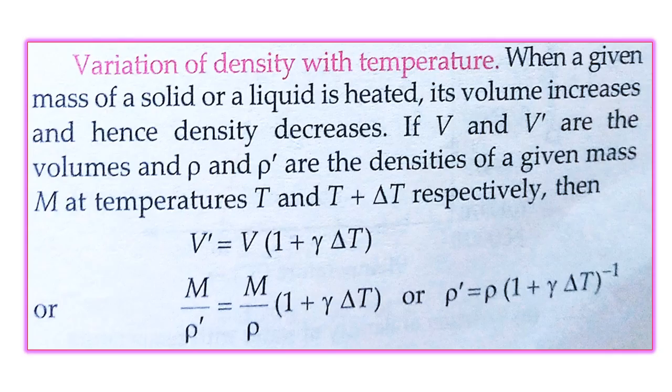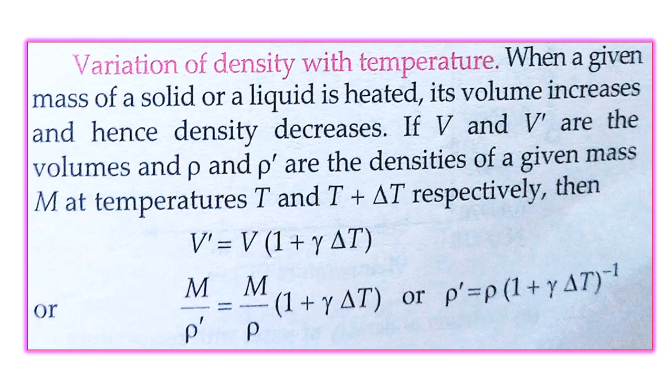Here is the variation of density with temperature. When a given mass of a solid or liquid is heated, its volume increases and hence density decreases. If V and V dash are the volumes and rho and rho dash are the densities of the given mass M at temperature T and T plus delta T, then V dash equals V into 1 plus gamma delta T. Now volume can be replaced by mass over density, because density is mass upon volume.